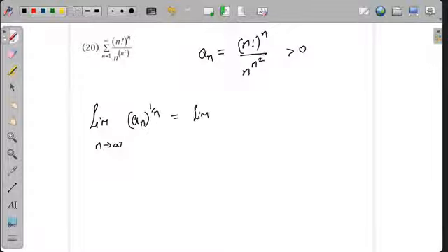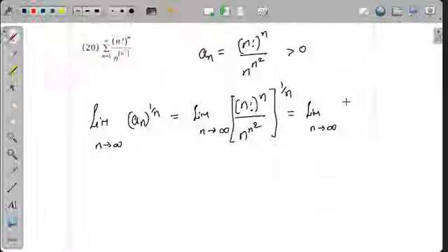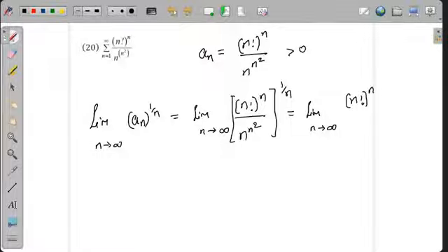That's nothing but limit n goes to infinity of n factorial whole power n, over n power n square, this whole to the power of 1 by n. Now like earlier, we need to write it separately. That is n factorial power n. I'm writing it directly here, okay? n factorial divided by, this is actually n power n square by n.